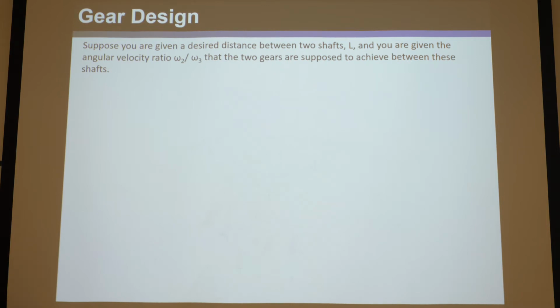Remember, the point of gears is that on two different shafts, some distance L apart, you want to get some constant angular velocity ratio. Sometimes you want 1 if you just want to move the angular velocity to a different shaft, but usually you want it to be something different, so you step up or step down the speed. Okay, so those would be the two things I give you.